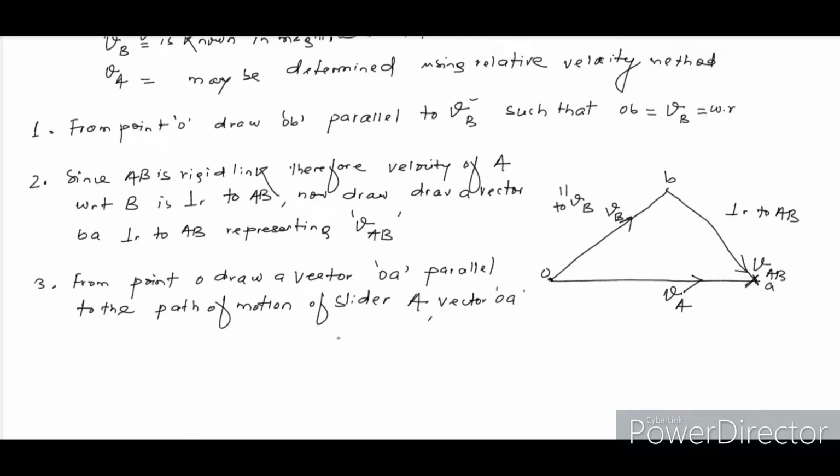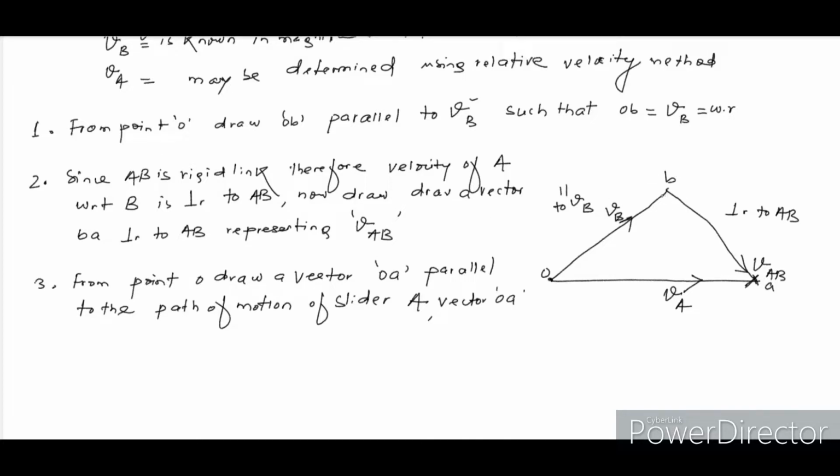Yes, sir. So the first step was we choose one reference point o. From that reference point, as we know the direction and magnitude of the absolute velocity of point B, we draw a line ob perpendicular to OB with some suitable scale. So we got this point b.